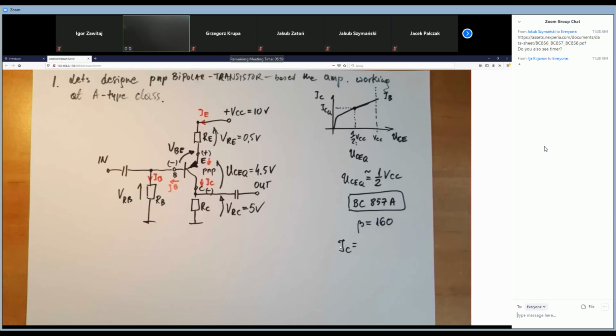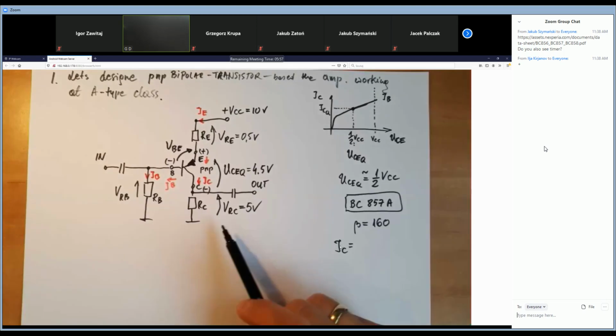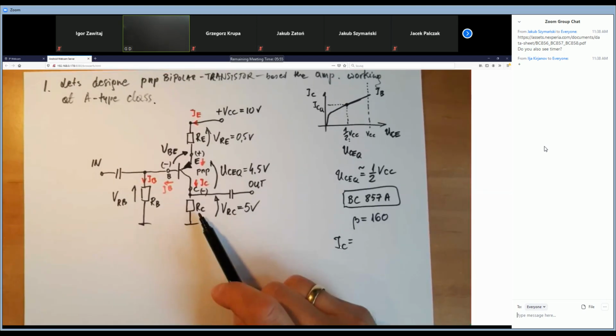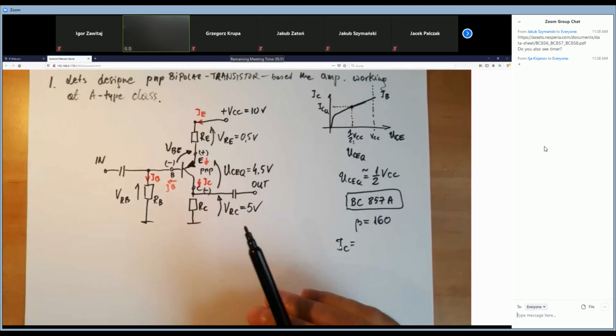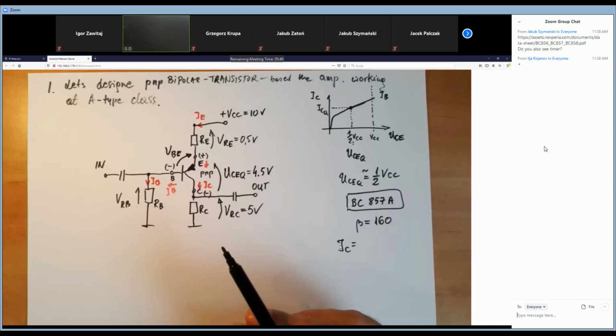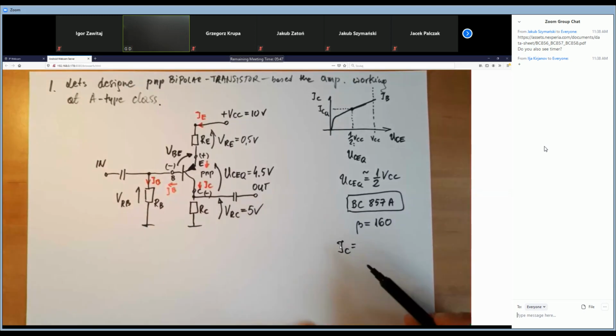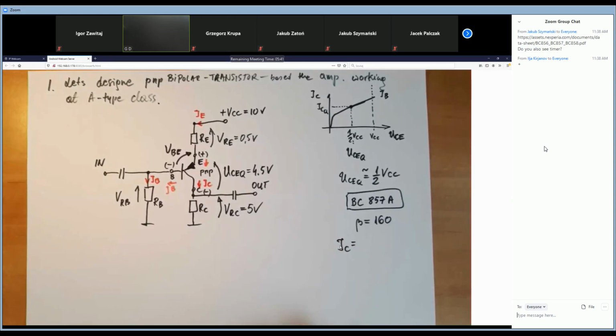We know that VRC, the voltage drop on this resistor, is 5 volts. In fact, the question is not exactly the value of the current, but much more important is what the prefix will be. It means will it be amperes, milliamps, or maybe microamperes.